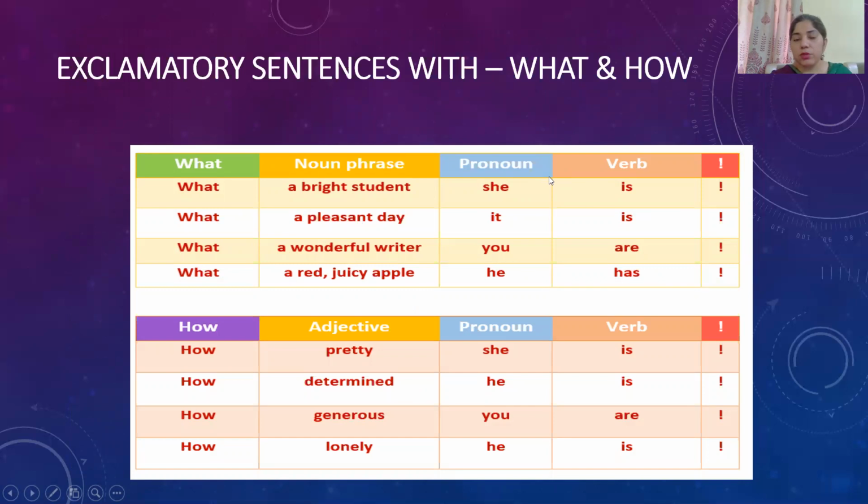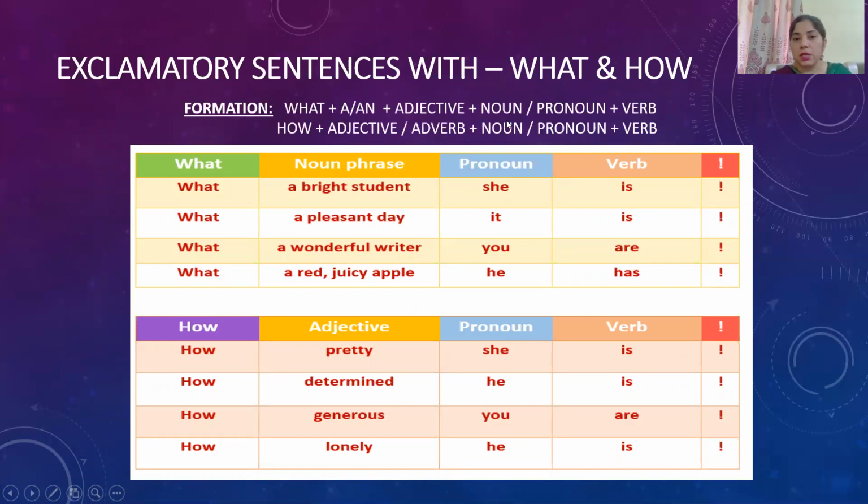And lastly, we will talk about the formation of exclamatory sentences with the words what and how. The formation is what with an article a or an, then an adjective followed by a noun or pronoun, and the verb comes at the end.